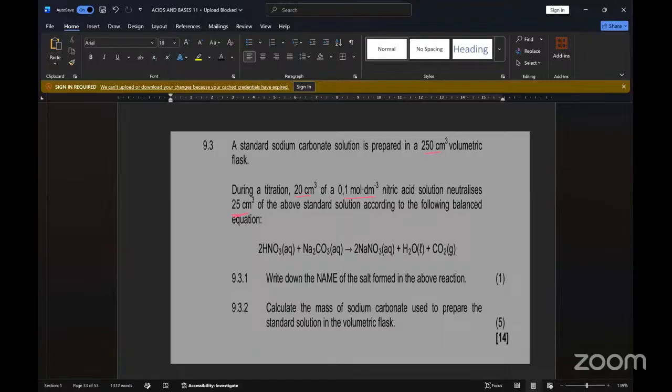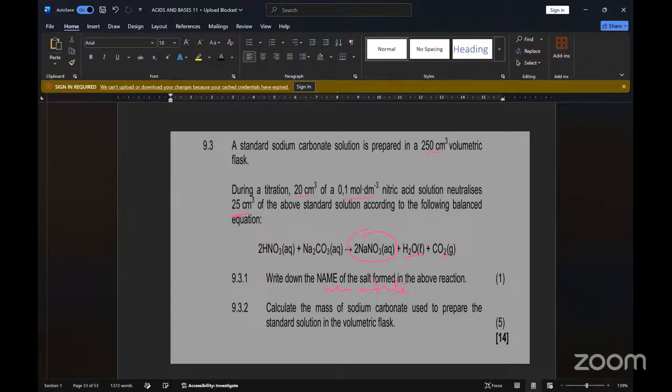Write down the name of the salt formed, and calculate the mass of the carbonate used to prepare that. So the name of the salt formed is this one. This is the salt, this is water, this is carbon dioxide. So this is called sodium nitrate.